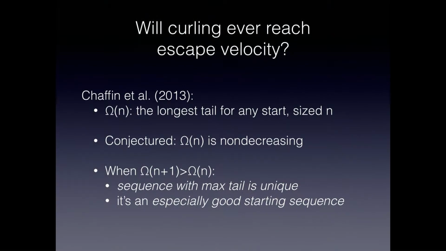So Chafin and others took a look at the longest tail for any starting sequence of size n. They call that omega n, and it's conjectured that omega n is non-decreasing. Again, this would help with a lot of inductive proofs. When omega n plus 1 is bigger than n, when it's strictly increasing, then that sequence with the max tail is unique, and it's what they call an especially good starting sequence.